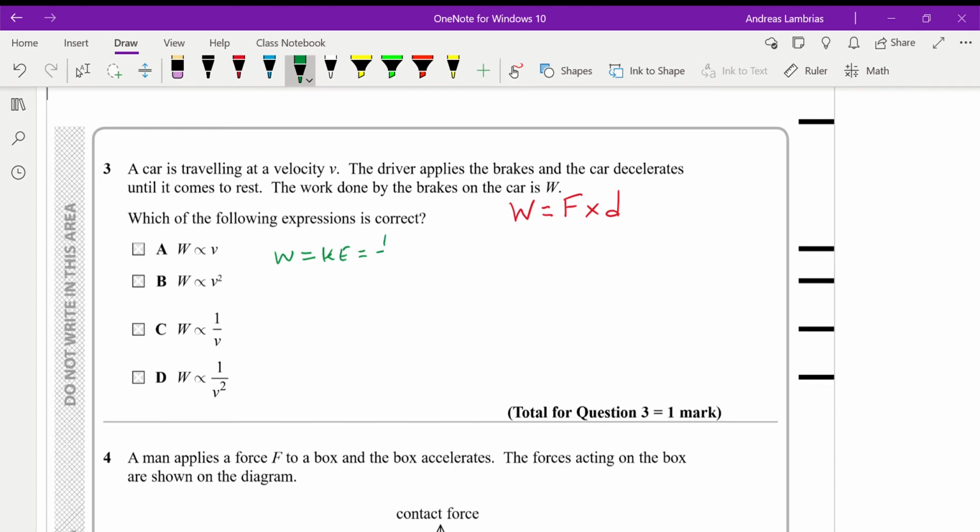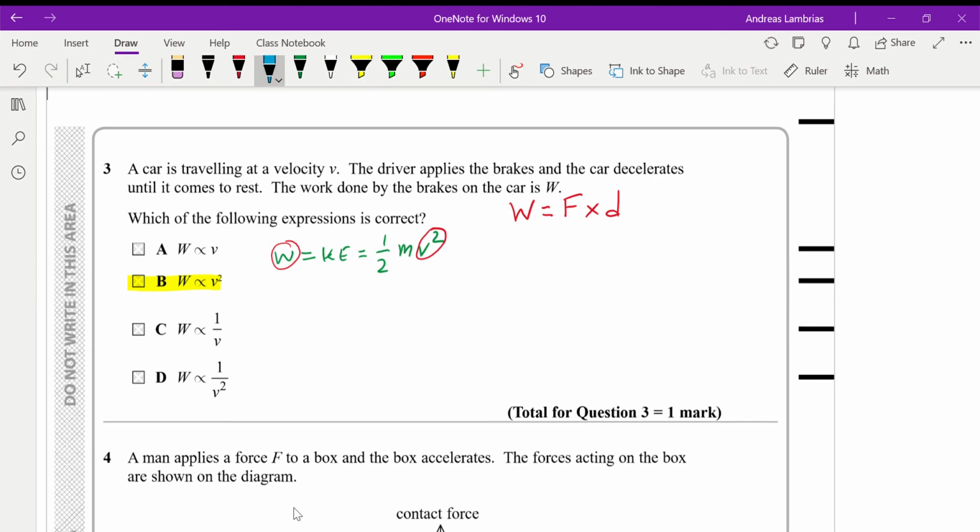And we know that the formula for the kinetic energy is half mv squared. So from this equation we can see that the relation of work and v is the one that is described by the second option. Different ways to approach that.